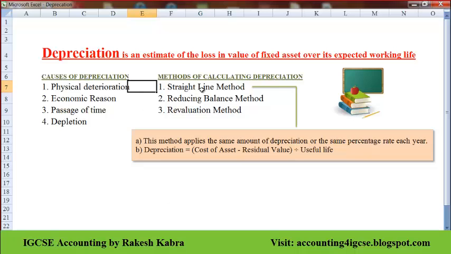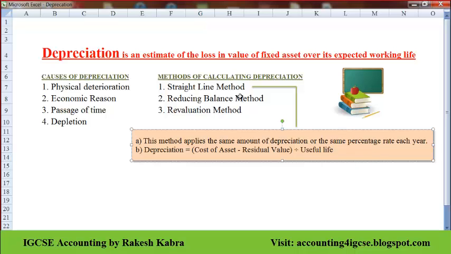Last time I explained the straight line method. So what are the important points regarding the straight line method? Every year under this method, the amount of depreciation will be the same. This method applies the same amount of depreciation or same percentage rate each year.